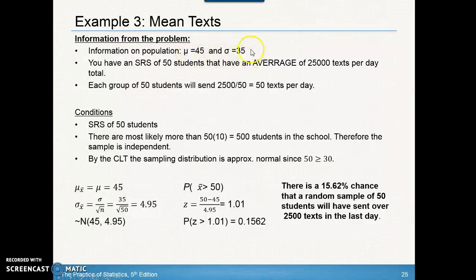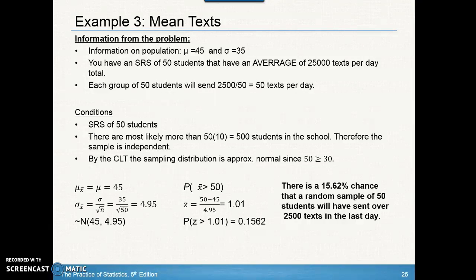So we have our population mean, population standard deviation. You have a simple random sample of 50 students that have an average of 25,000 texts per day. So that's the tricky part. That's saying that the 50 students together have an average of 25,000 texts per day. But keep in mind that that's all the students, all of them together.